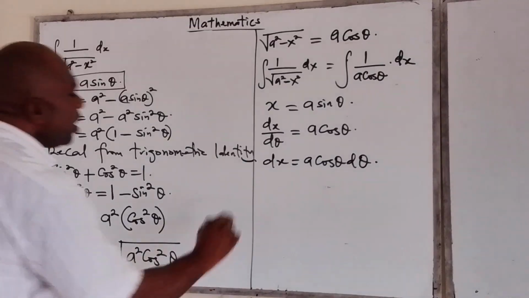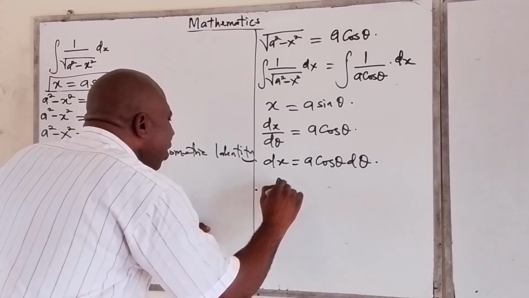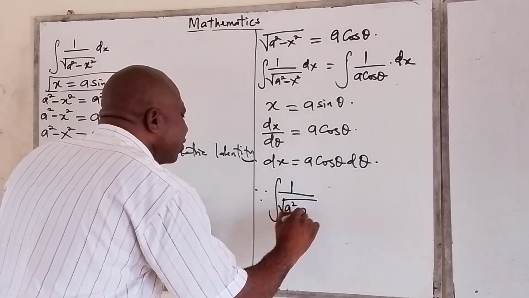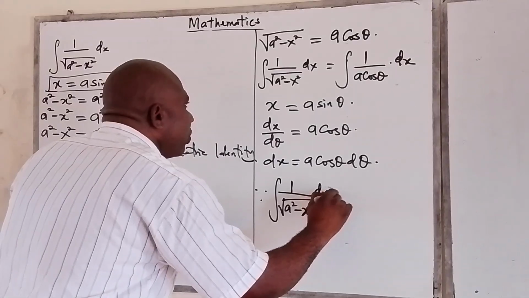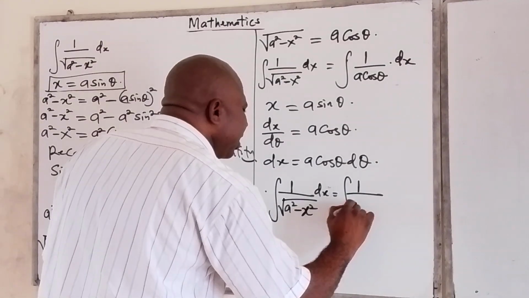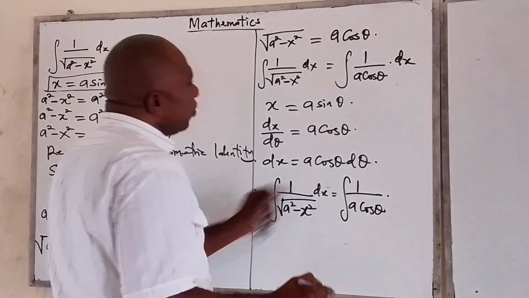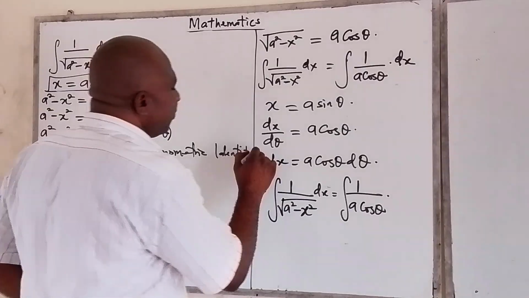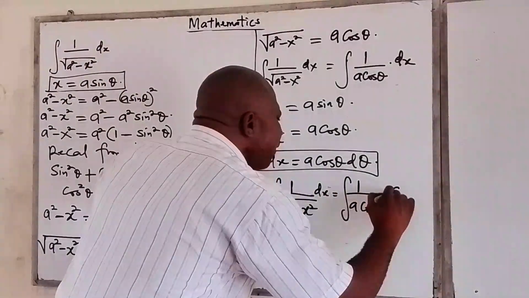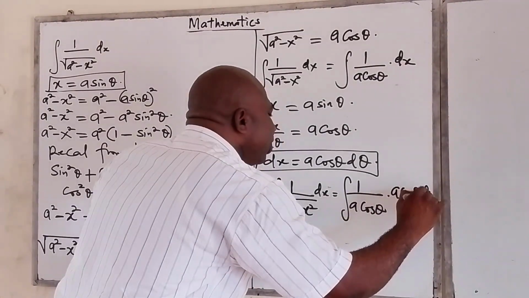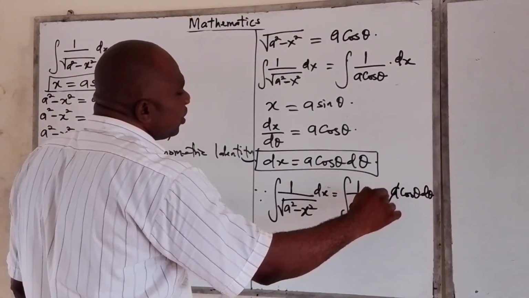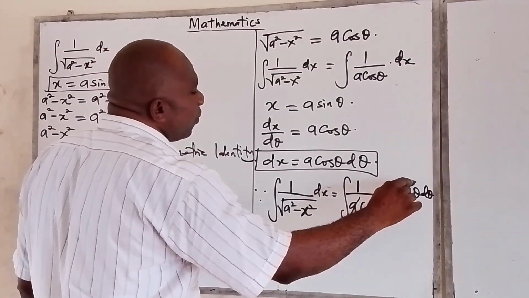It therefore means that the integral of 1 all over the square root of a squared minus x squared dx will be equal to the integral of 1 all over a cos theta, times the value of dx, which is a cos theta d theta. In this case, this a will go with this a, and cos theta will go with this cos theta.